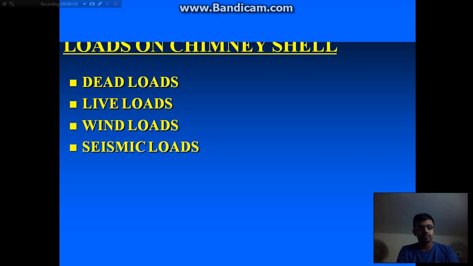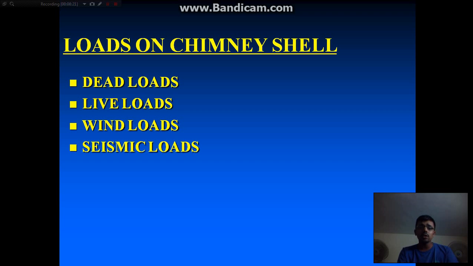Now, talking about the loads which act on the chimney shell, the four basic loads we need to consider as per the relevant IS codes are, the first, the dead load. The second is the live load coming onto the chimney. The third is the vibration load in terms of seismic loads, and the fourth is the wind load.